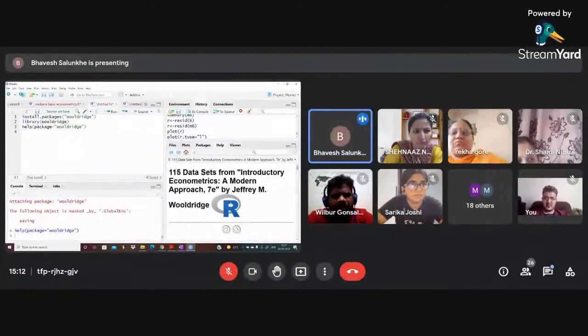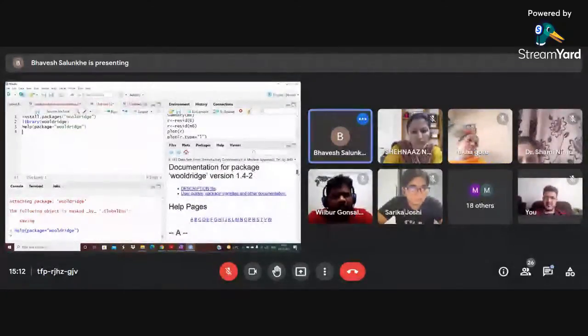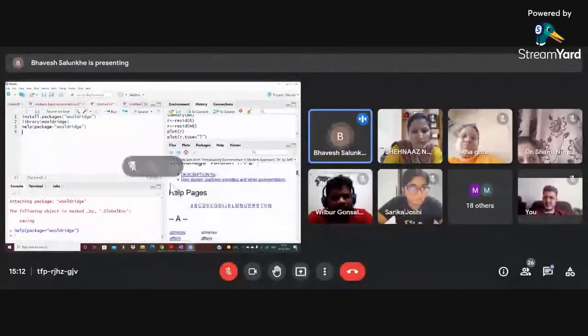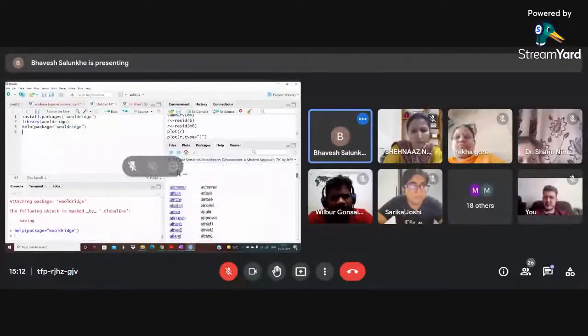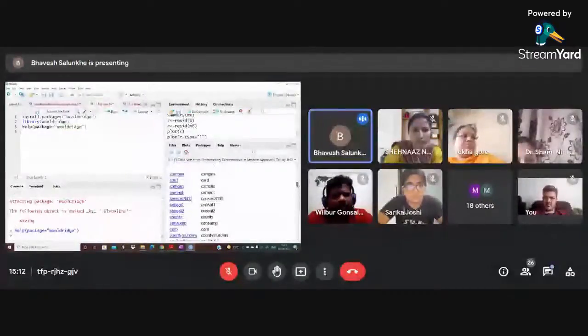Okay, so you see that a screen is opened on the right hand side at the bottom. Has it opened for RStudio users? So these are the different data sets which are there in the Wooldridge package.